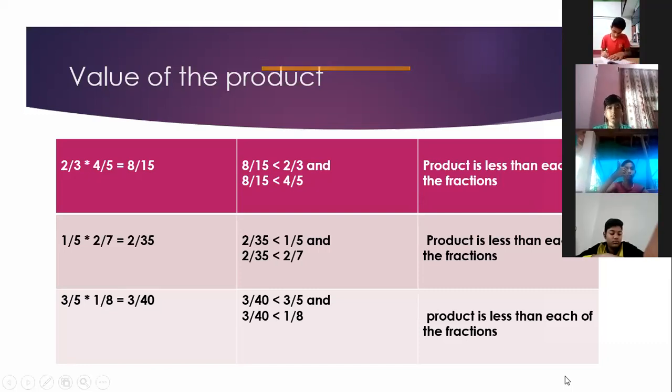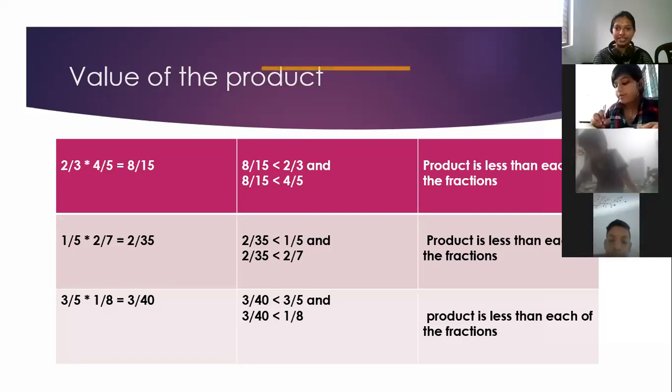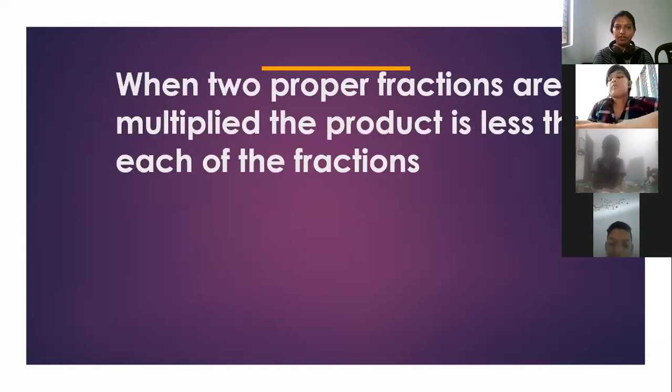We discussed this only in the case of proper fractions. Don't forget that. This is in the case of which type of fraction? Proper fractions, is it? So we can say that when two proper fractions are multiplied, then the product is less than each of the fractions.